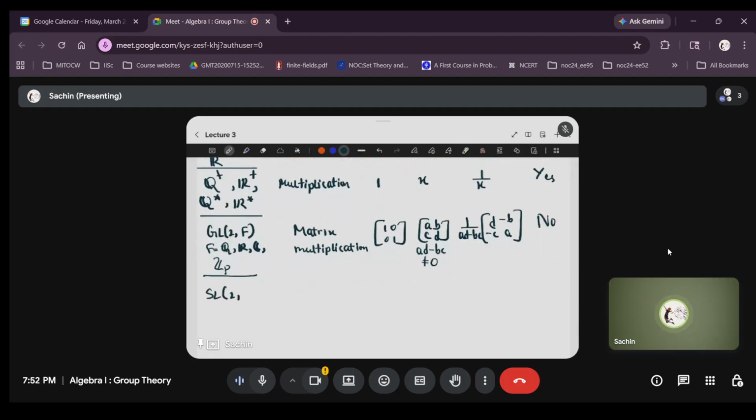Similarly, we have SL(2, F) with matrix multiplication. Actually, I can simply copy this.